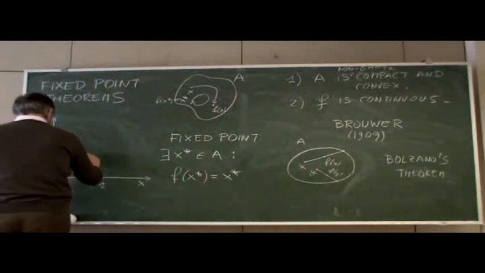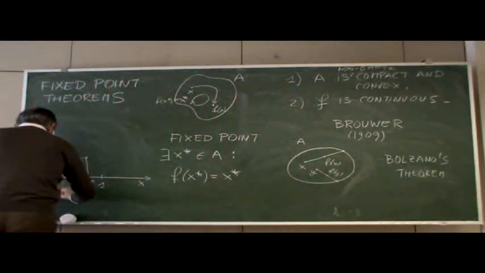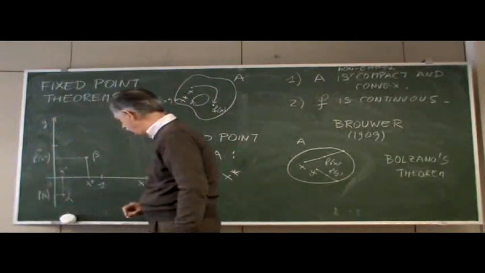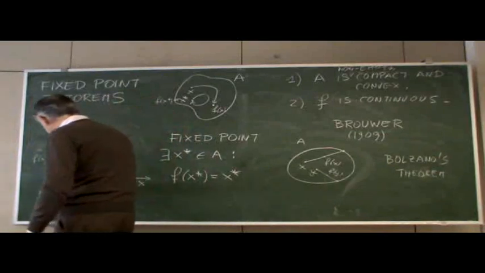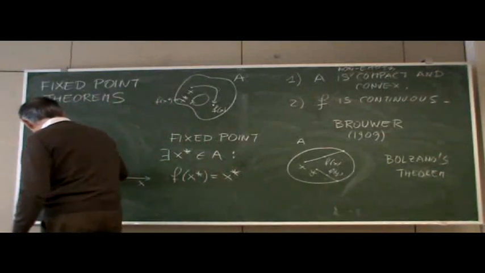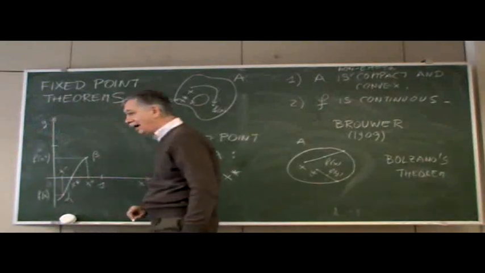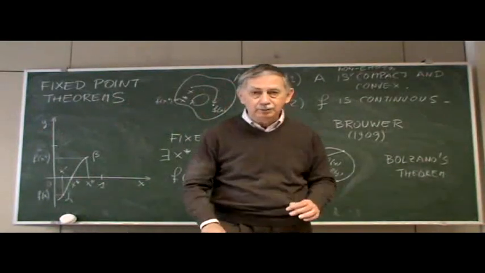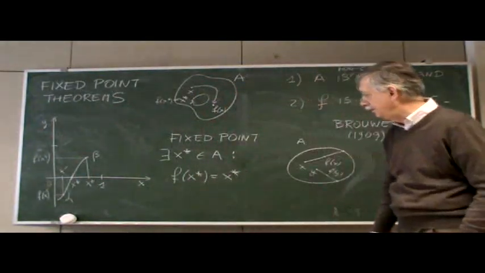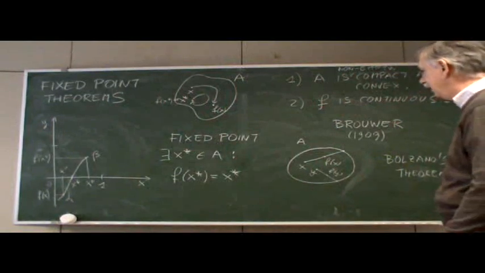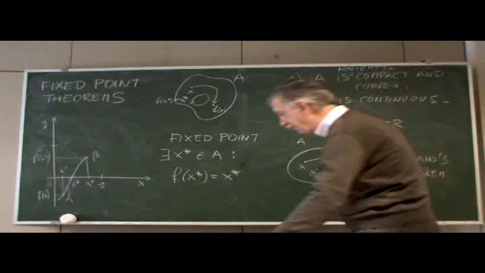So the function passes by this point alpha and this point beta. Bolzano's theorem tells us that there is at least a point x star such that the value of the function is exactly equal to zero. A well-known theorem in elementary mathematics.